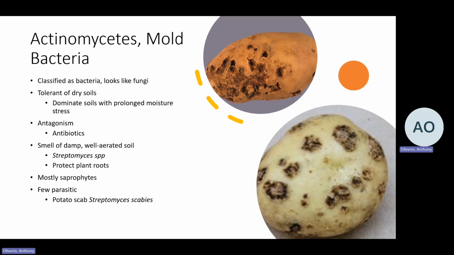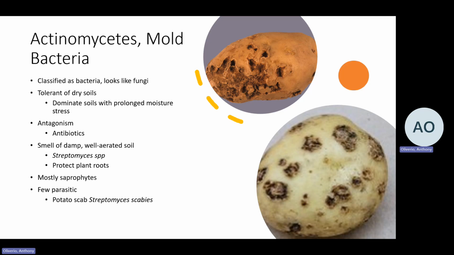Let's take a look at the notes here. Yeah. The streptomycin, those are ones that are produced for human use. There's a bunch of compounds that have come from Actinomycetes. It's pretty cool. But some of them are parasitic, like this potato scab that's pictured here.